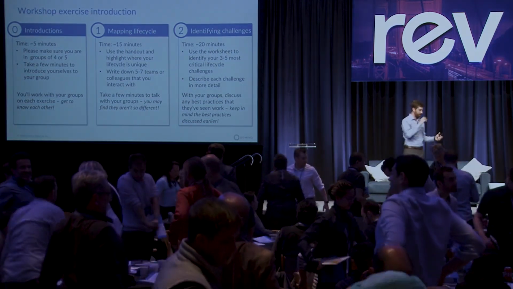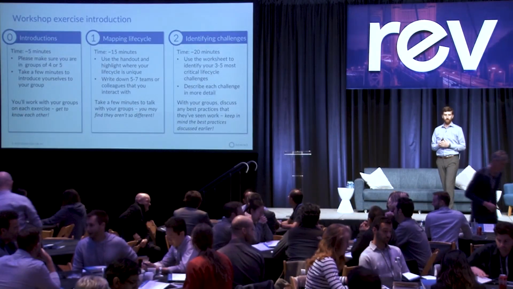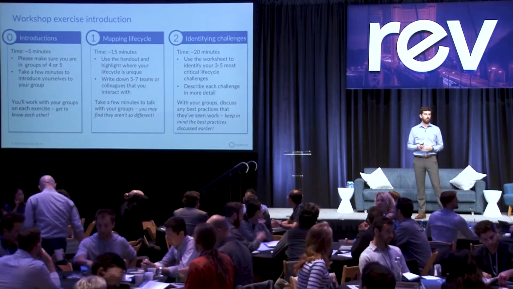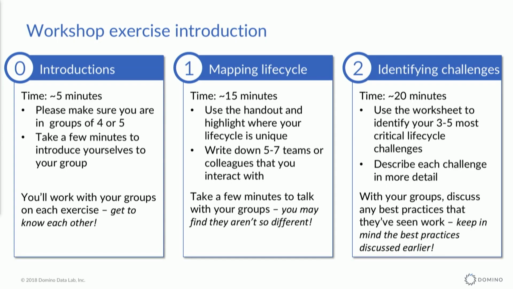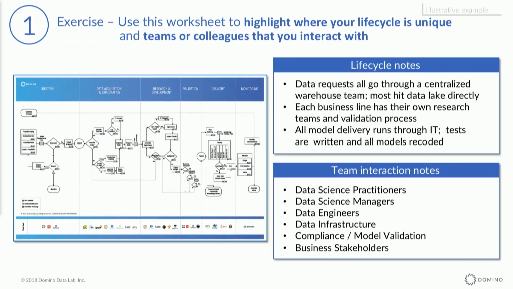And introduce yourselves. So exercise 1 is around mapping your life cycle. What you want to do here is, I just talked through a diagram and some stages. If you flip through your handouts, I believe it's the 3rd page, there is going to be this page but blank on the right.